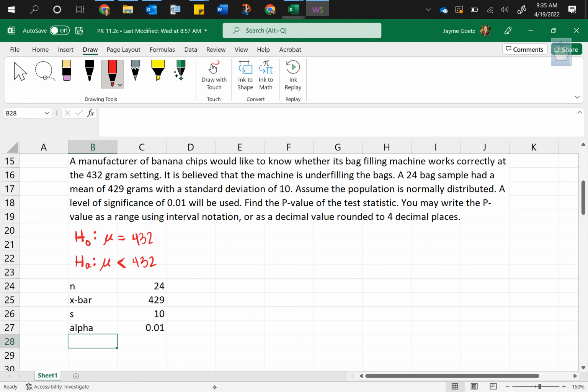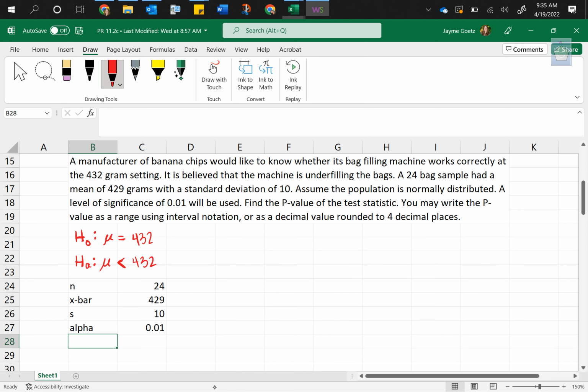But based on my alternative hypothesis, is this going to be a one-tail or two-tail? This is a one-tail. How do I know if it's going to be two-tail? What would I see? Yeah, you would see does not equal. Very good. So this is a one-tailed test, a one-tailed mean.